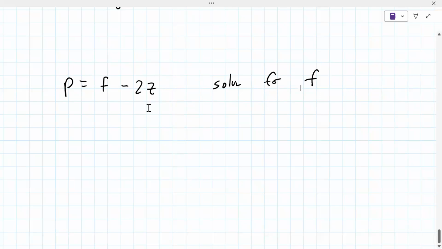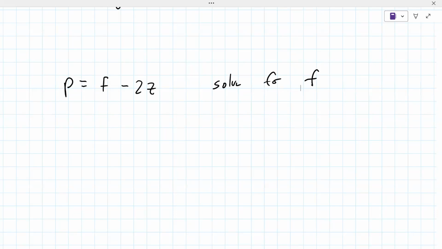This is a Z. Oh, Z. Okay, this is an F. So how do you undo subtraction?